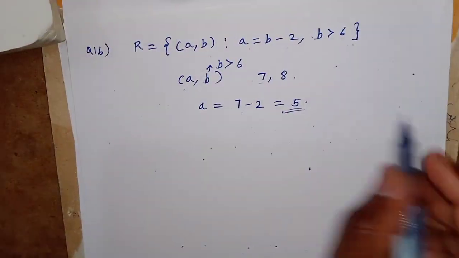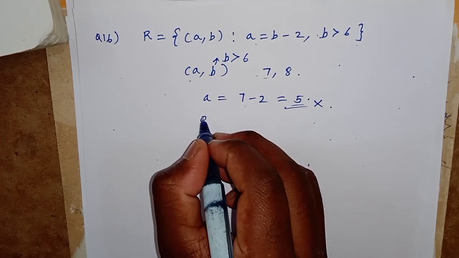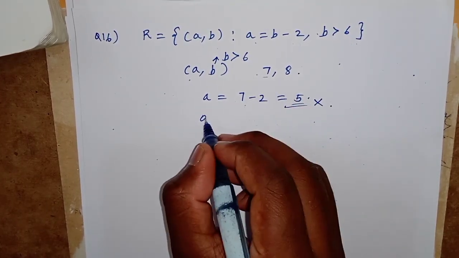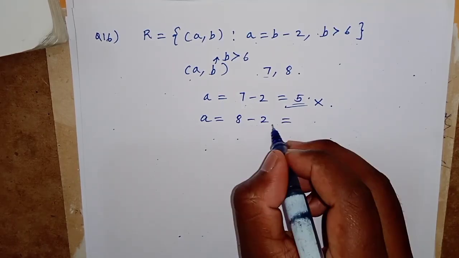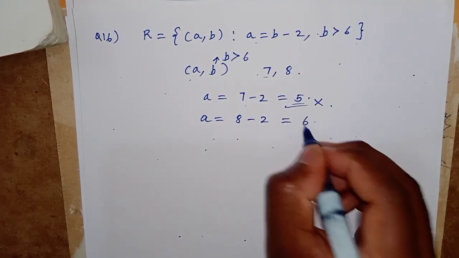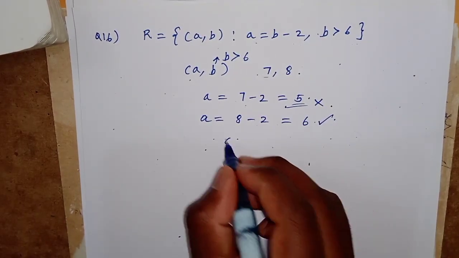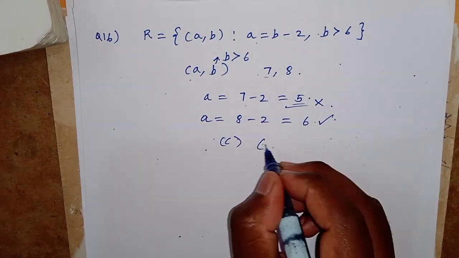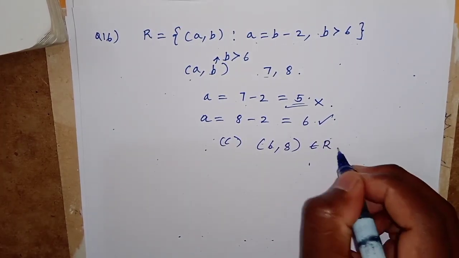Therefore you have to check the next condition. b equal to 8, therefore 8 minus 2 equal to 6. Here it is present. Option C, (6, 8) belongs to R.